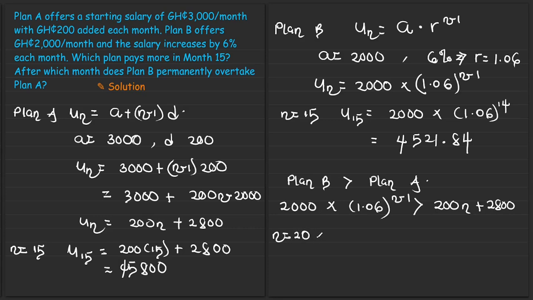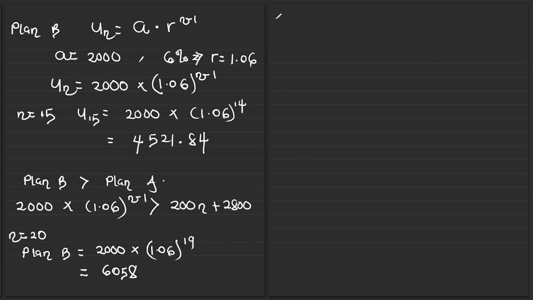At n equals 20, Plan B is going to be equal to 2,000 times 1.06 to the power, so instead of 20 minus 1, we are going to just write 19. Evaluating this gives us 6,058.